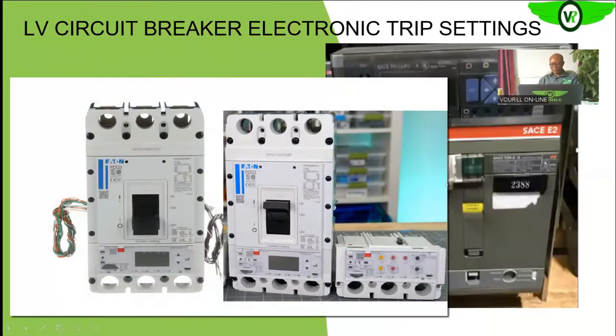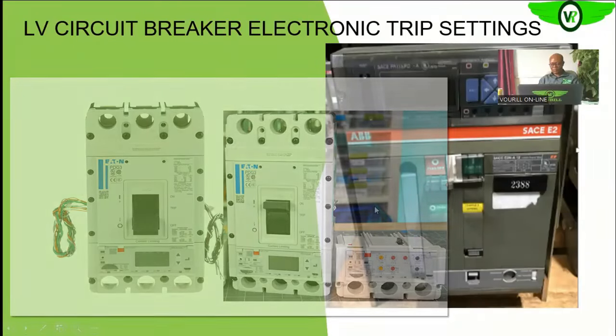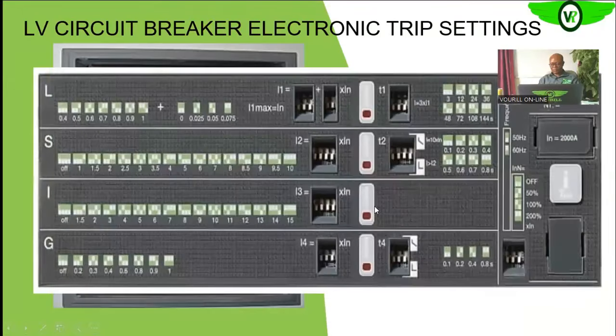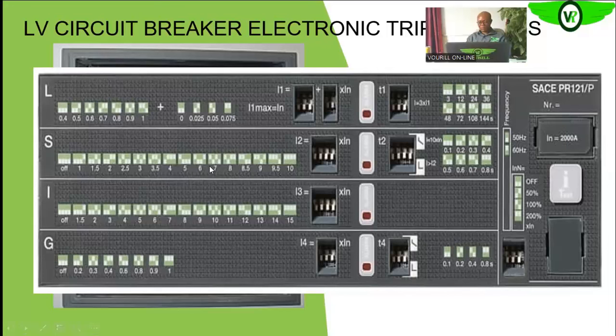So we want to look at the electronic circuit breaker, the one that actually uses a dip switch. If you look at this, you see that it is somewhat different from the one that we have been seeing before now. So this is the continuous current rating.